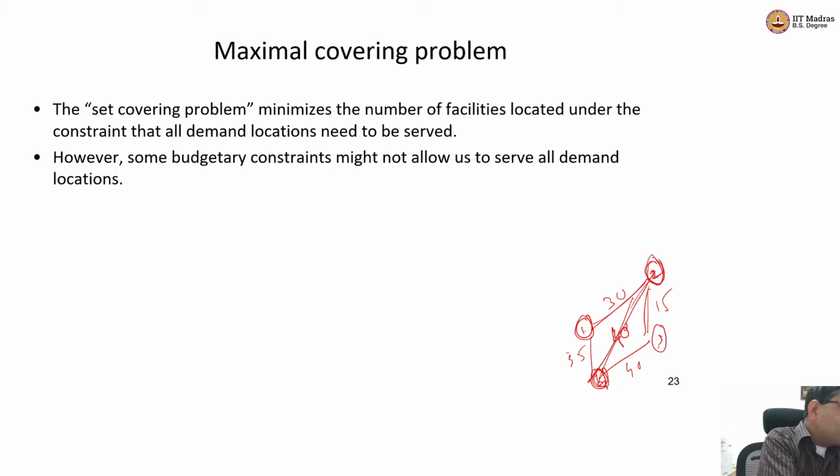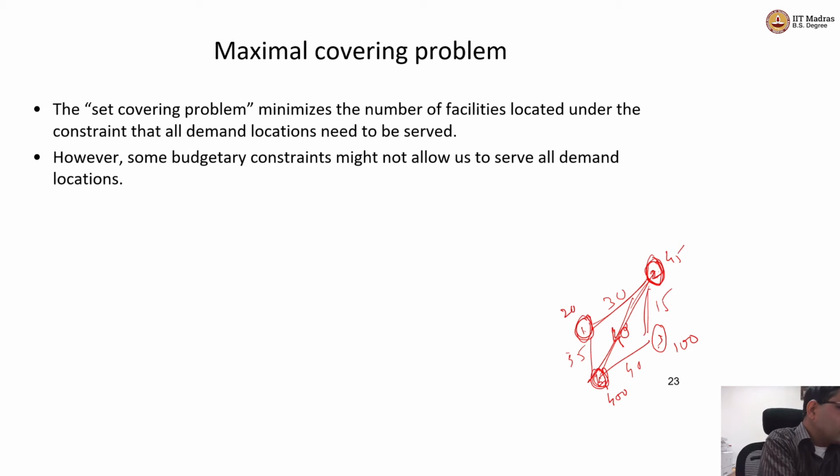What was not considered in the set covering problem was, let us say, that the demand here is 100, the demand here is 400, the demand here is 20, and the demand here is 45. Now, if I have a facility at 2, it will surely cover node 1.